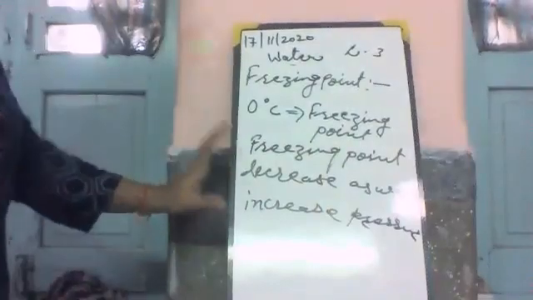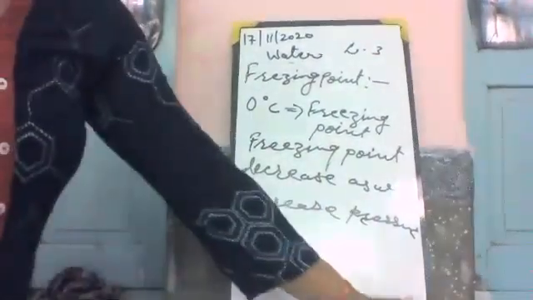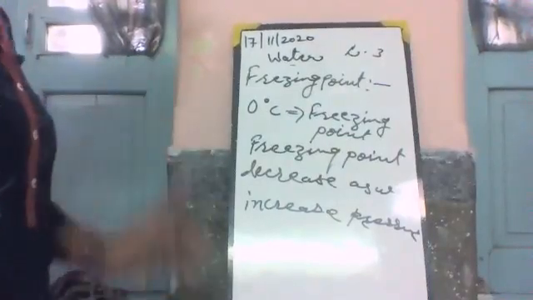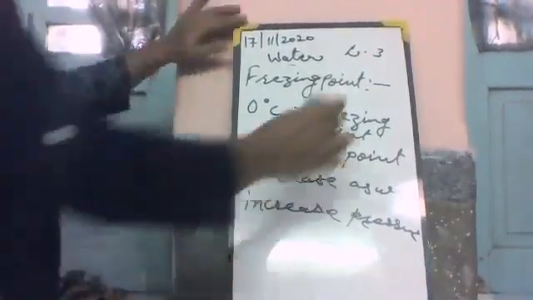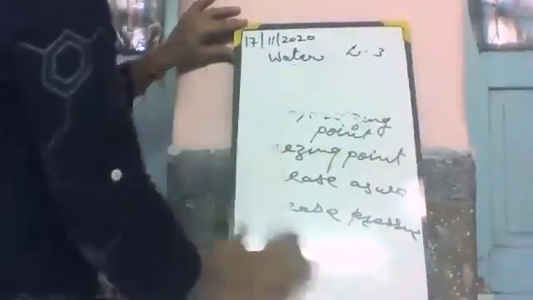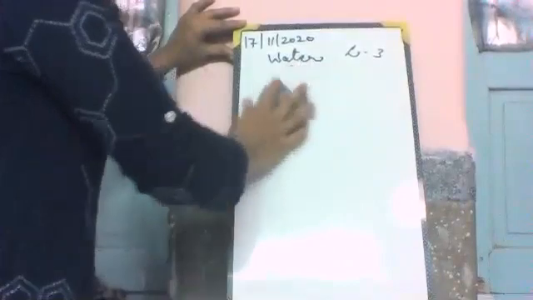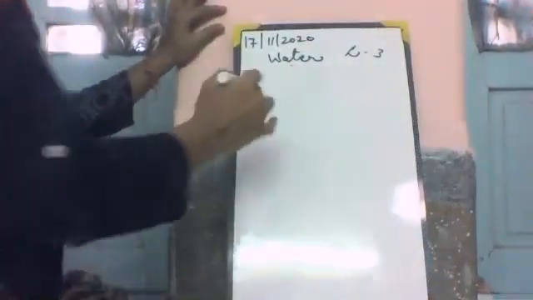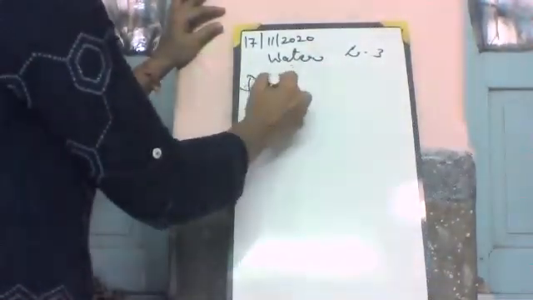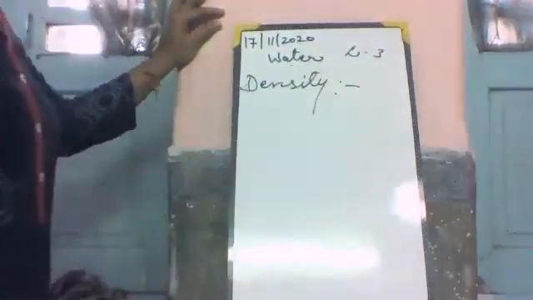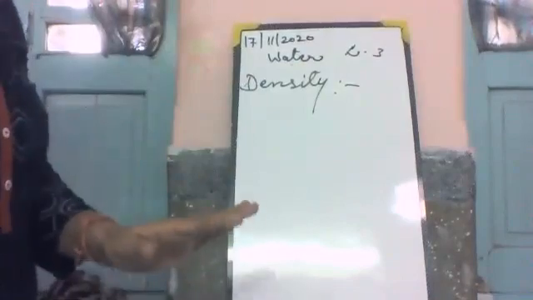This is the thing. Now, density. What is the density of water and how does it relate to the boiling point and freezing point? Density is a ratio of mass and volume.